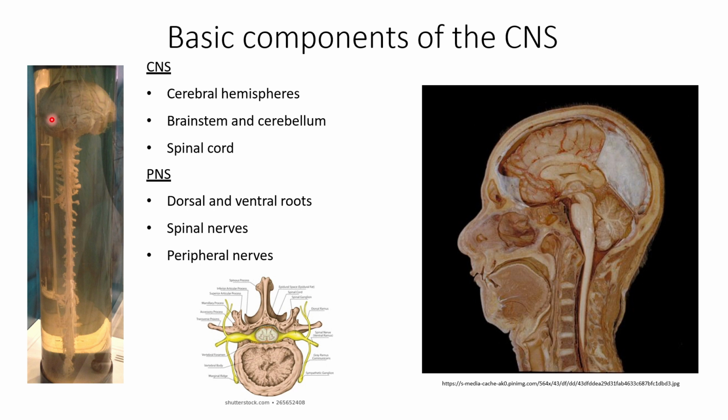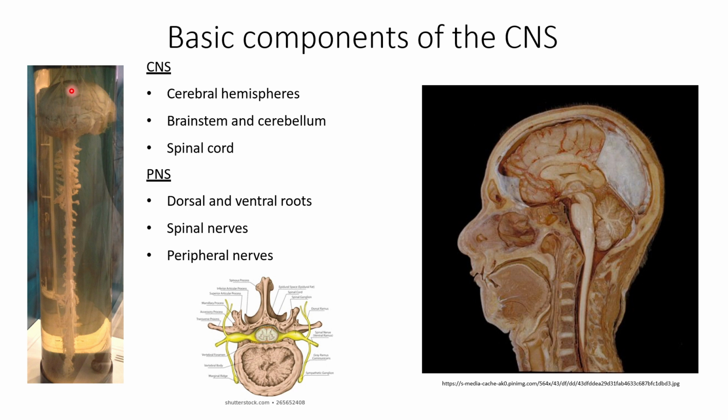Now on the left hand side here is a specimen which always fascinated me as a child. This was in the Science Museum in London, and I don't think it's there anymore. But someone has painstakingly removed the brain and the spinal cord to produce an incredible potted specimen showing the central nervous system.